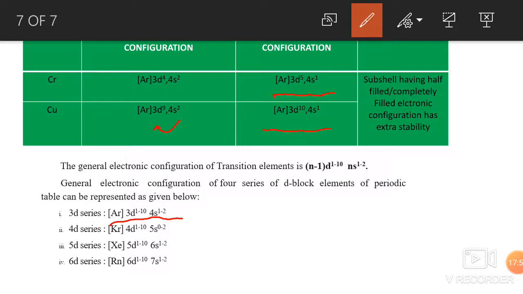Then for the 5d series, the general electronic configuration is xenon 5d 1 to 10, 6s 1 to 2. Then the next, 6d series, has the general electronic configuration radon 6d 1 to 10, 7s 1 to 2.